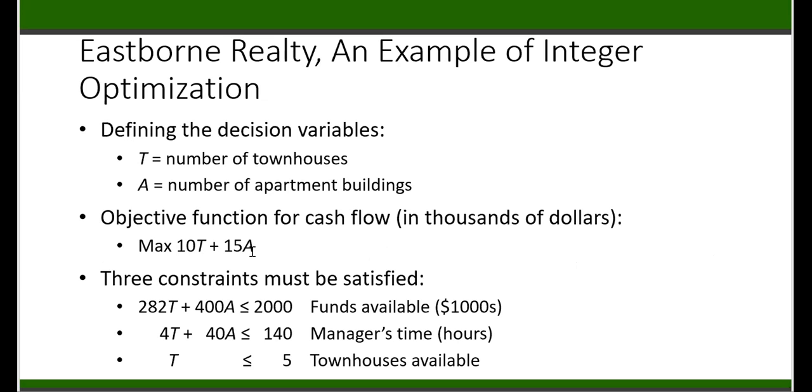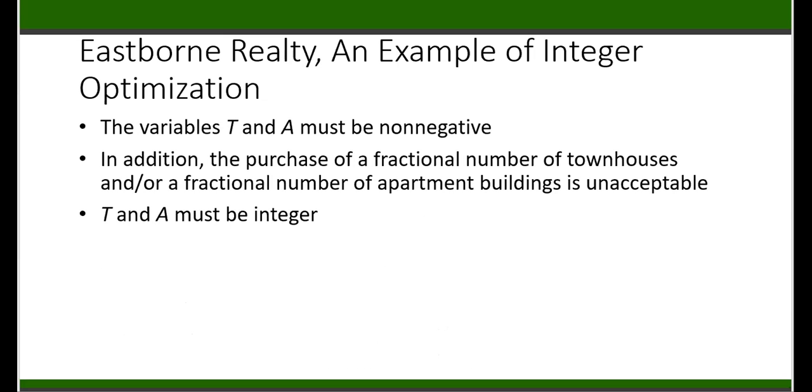And then the constraints that they have a limited budget. They have a limited time of management per month. And we also had a limitation on the number of townhouses that they could buy in the beginning of their investment period, right?